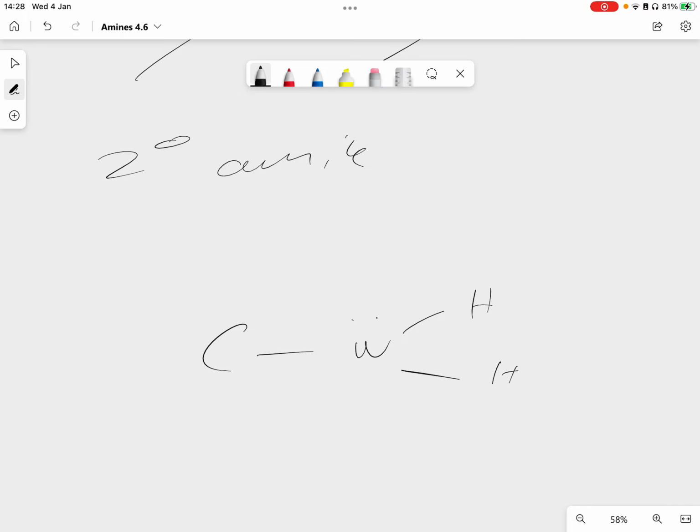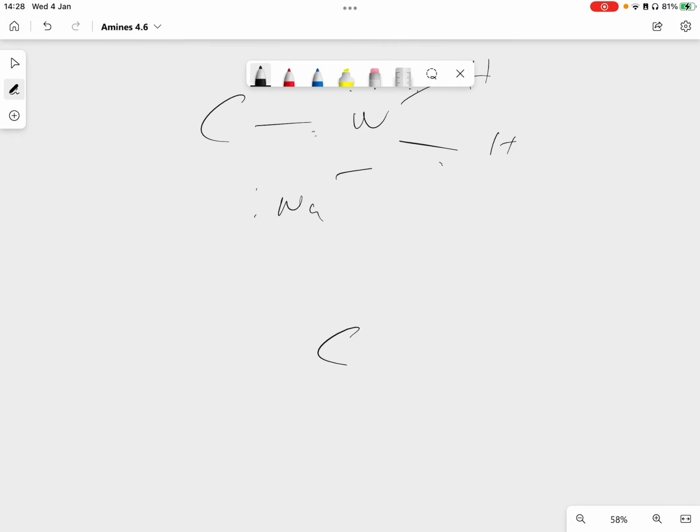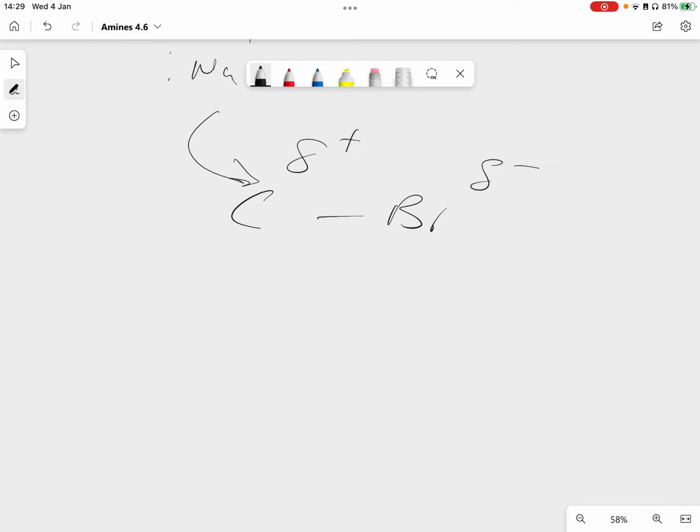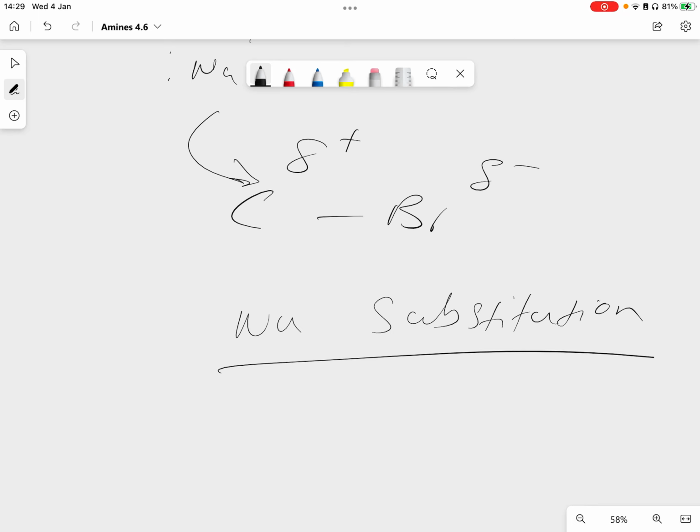Because it's got a lone pair, this thing is a nucleophile, and it's going to attack our C to Br bond. This is how the mechanism will go. It's actually going to attack this, and this is what happens. It's going to happen by nucleophilic substitution. That is the mechanism for this.